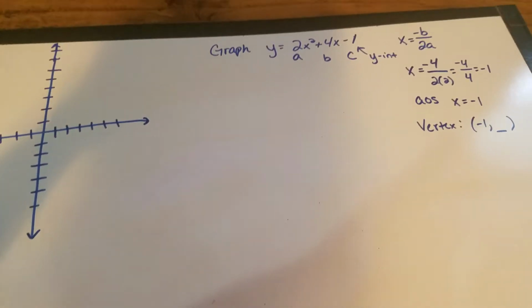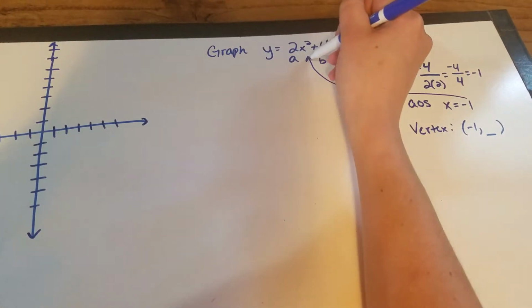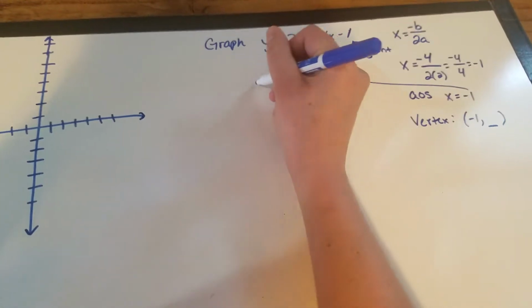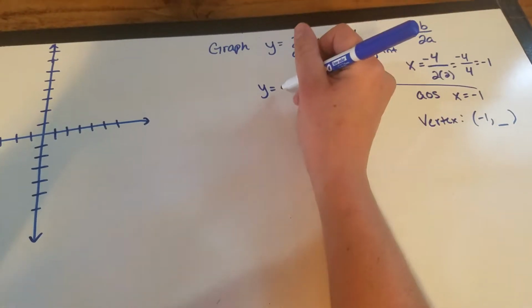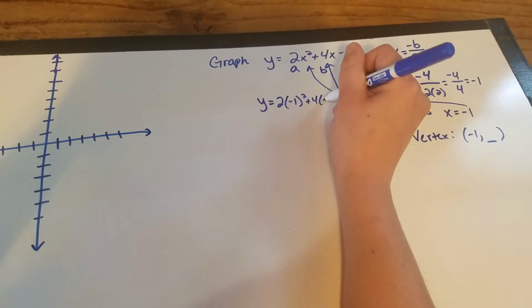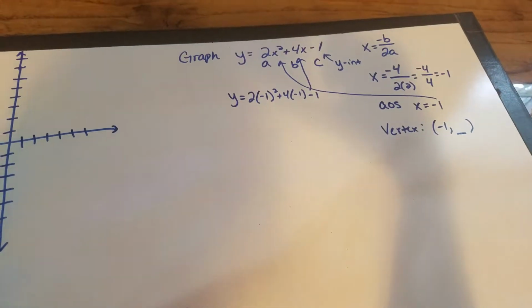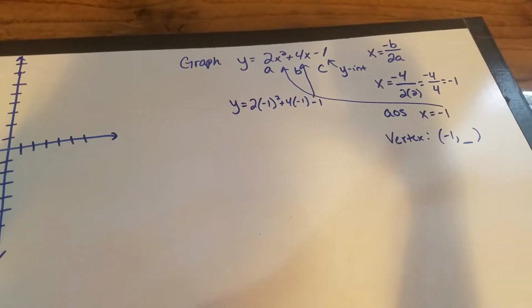So an easy way to do that is just plug in to our equation. So we're going to replace all of our x values with negative 1. So we're going to have y equals 2 times negative 1 squared plus 4 times negative 1 minus another 1. A couple things: when you're plugging in a value for x, always put it in parentheses.